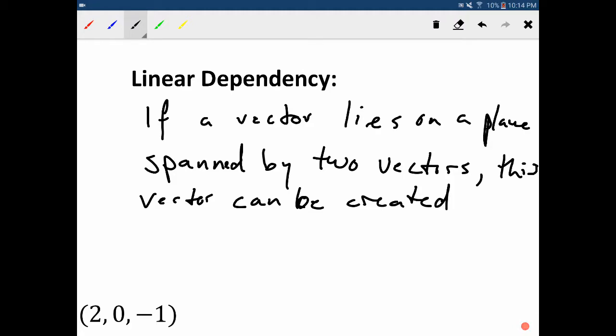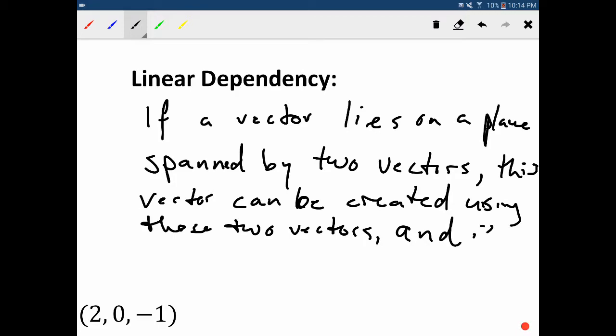Okay, can be created using those two vectors. Kind of a run-on sentence too.